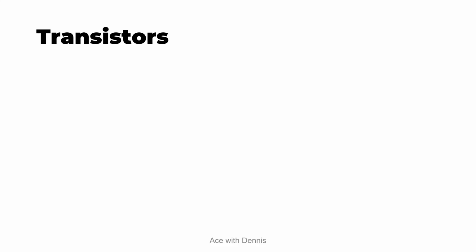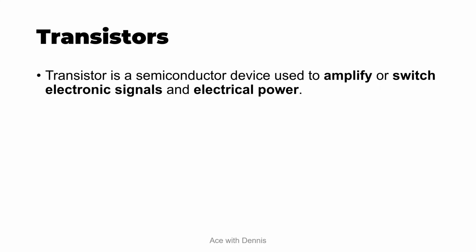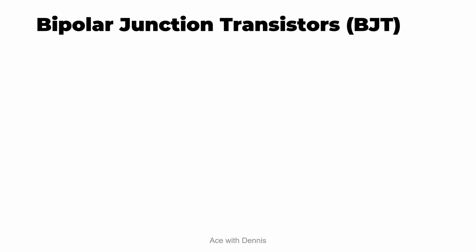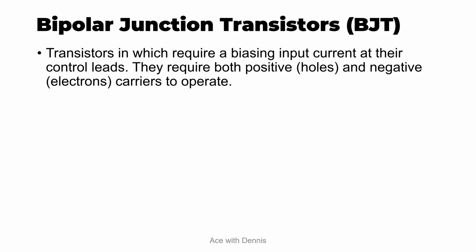Transistors. What are transistors? A transistor is a semiconductor device used to amplify or switch electronic signals and electrical power. There are 2 main types of transistors, which are bipolar junction transistors BJT and field effect transistors FET. What are bipolar junction transistors BJT?